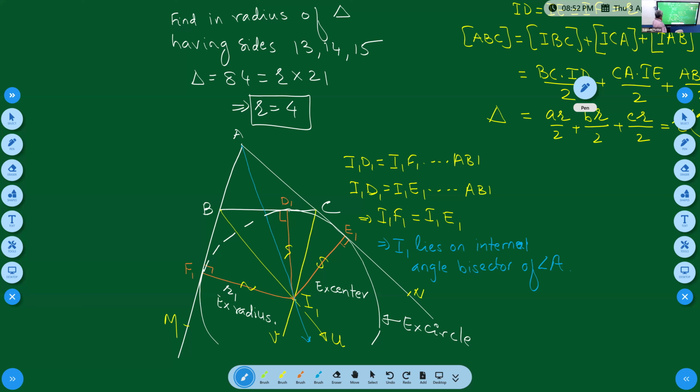I1 lies on an internal angle bisector because I1 is equidistant from ray AC and ray AB, and I1 is in the interior of the angle of triangle ABC, therefore it must be the internal angle bisector.